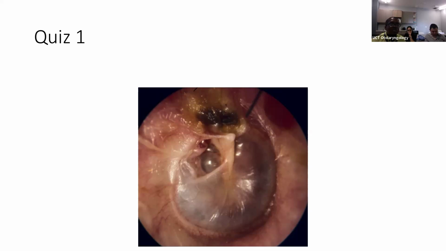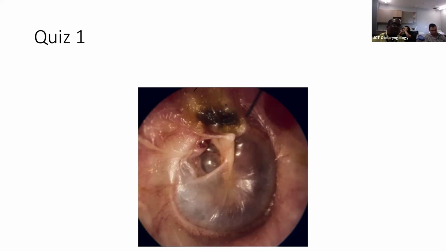So in this case, atticotomy will be useful. If there's a cholesteatoma which is going into the mastoid, then I could follow it, where I could do a front to back mastoidectomy and then reconstruct the attic with cartilage.